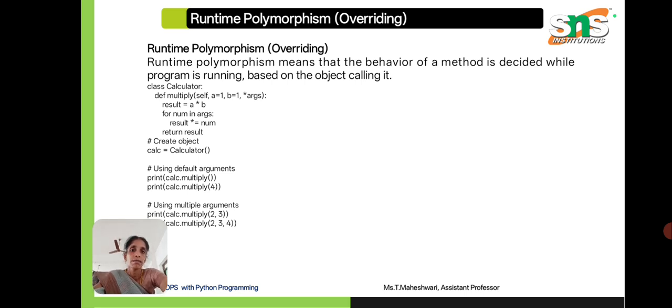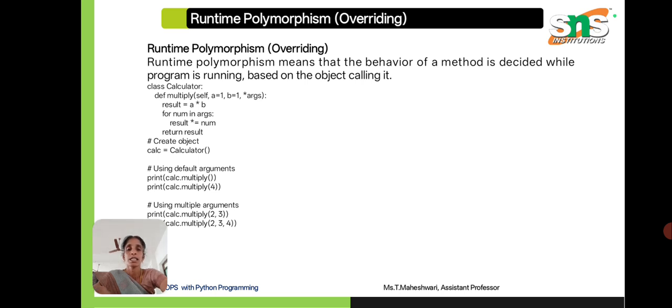Here we have to understand that the function name is common but we are calling it with different values. Based on these values, the class can react differently and produce different answers. That is the real use of polymorphism. So polymorphism means many forms.